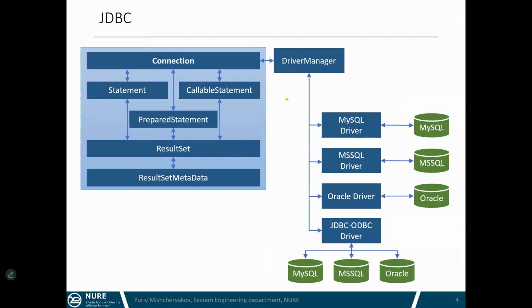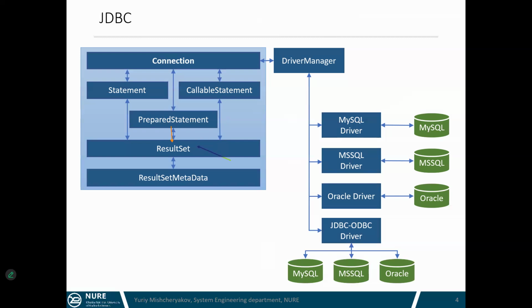Any of the statements returns a result set. What does result set mean? A result set is the representation of the data returned from the database. For example, you use a select query and it returns some view, like a piece of a table.